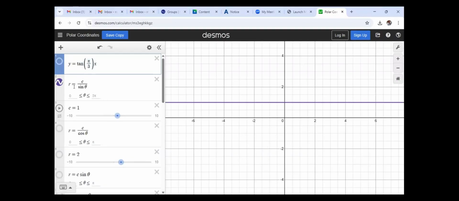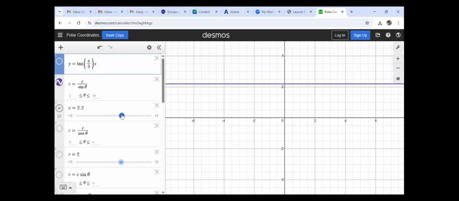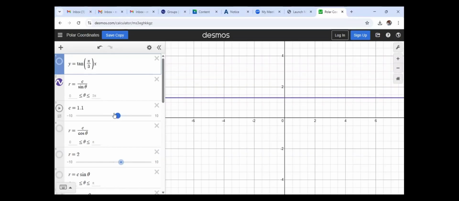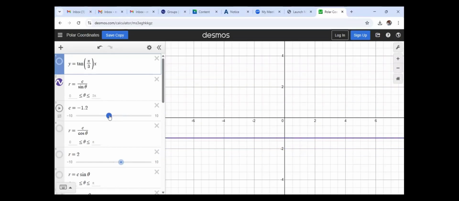So this C over sine. Now, if we multiply sine over, r times sine of theta is the same as y. So it's like a y equals a number. And if I change my C value, it's going to move my graph up and down.